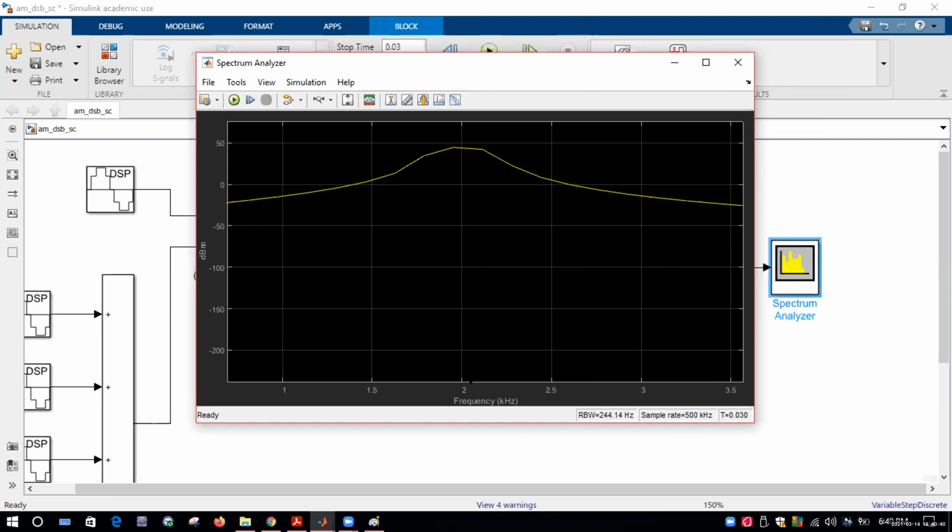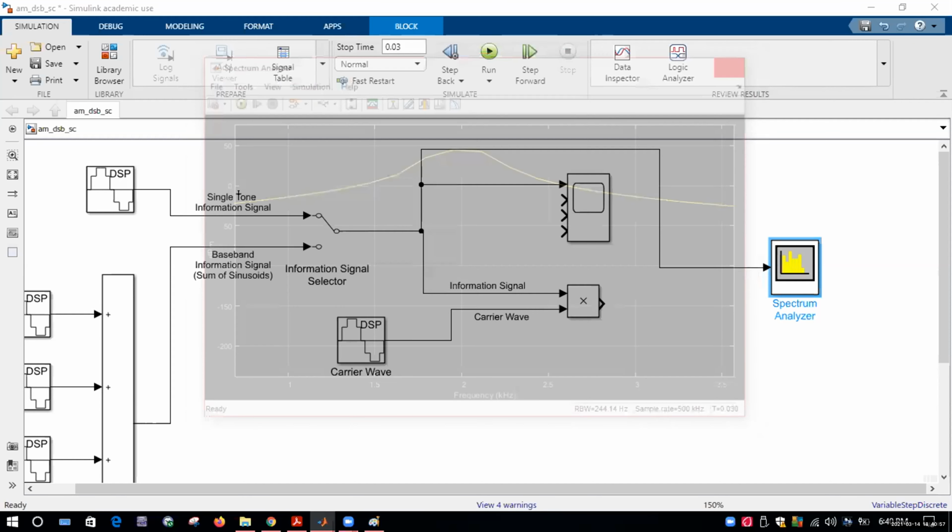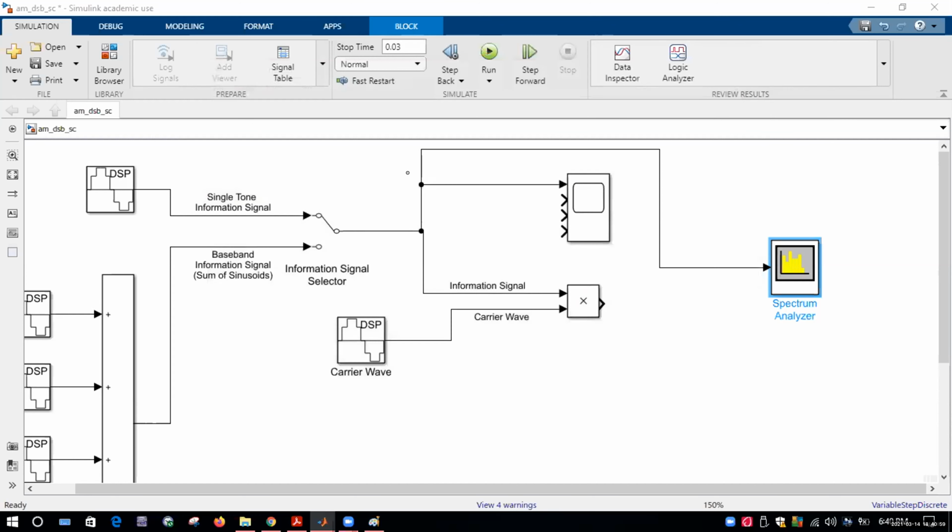What is the frequency here? What is the peak? 2. So that means this is showing you that the frequency in the signal is 2 kilohertz. So we have a 2 kilohertz signal coming in, and that's true.